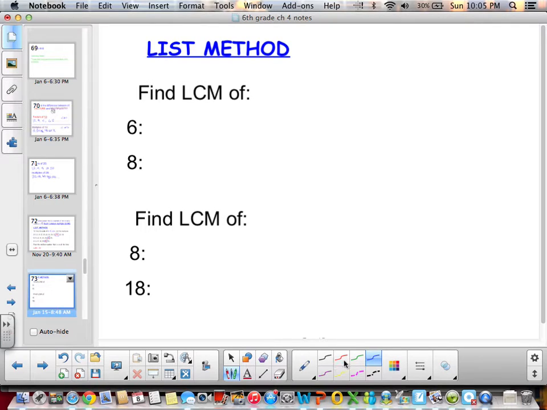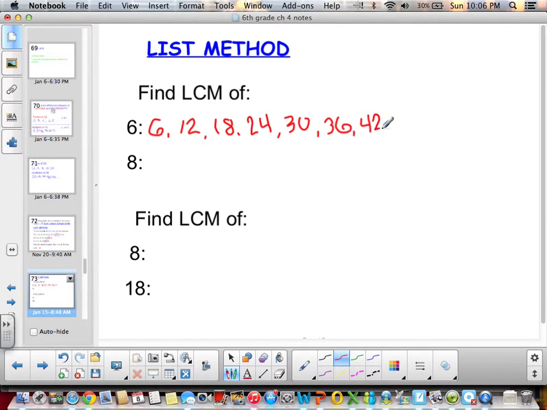Okay, if we want to find the least common multiple of 6 and 8, first we need to list out our multiples. So 6, 12, 18, and if you want to do this with me, that would be awesome. 24, 30, 36, 42.